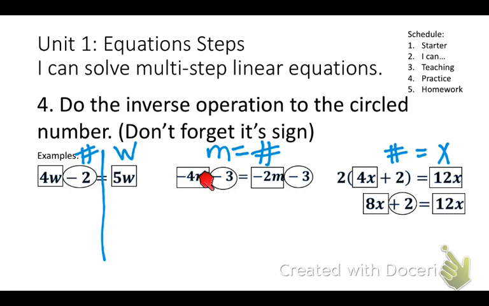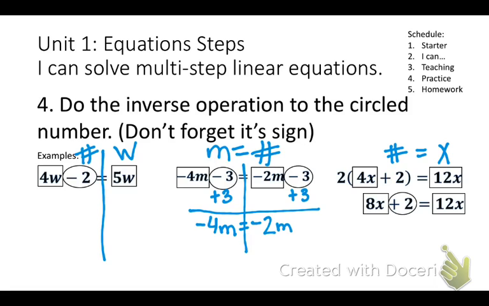Now we're going to come over here and move our numbers over. The opposite of -3 is +3. If I do it to one side of the equation, I do it to both sides. Everything I haven't dealt with, which is in our boxes, I'm going to bring straight down: -4m equals -2m.